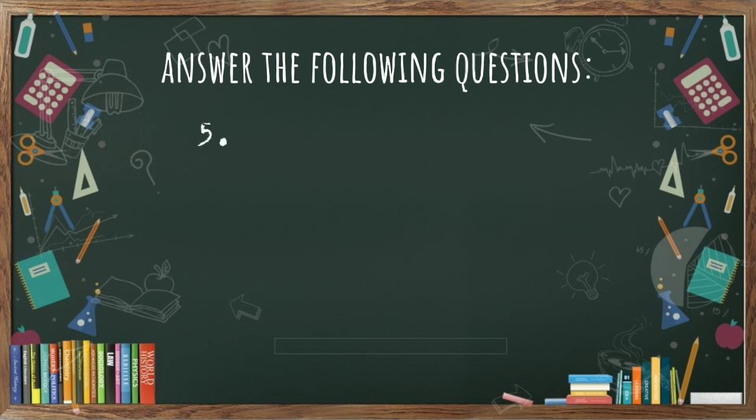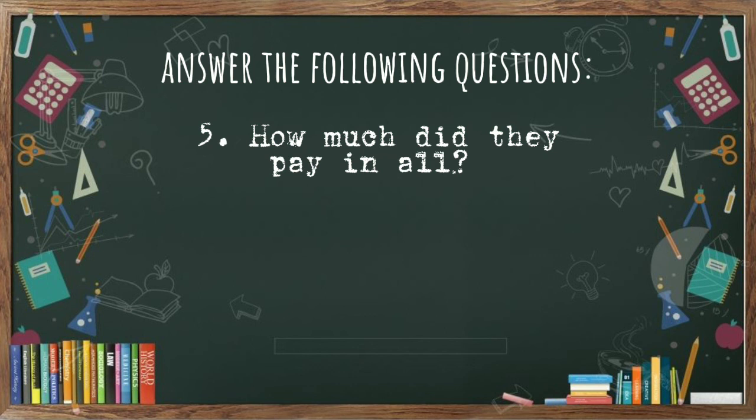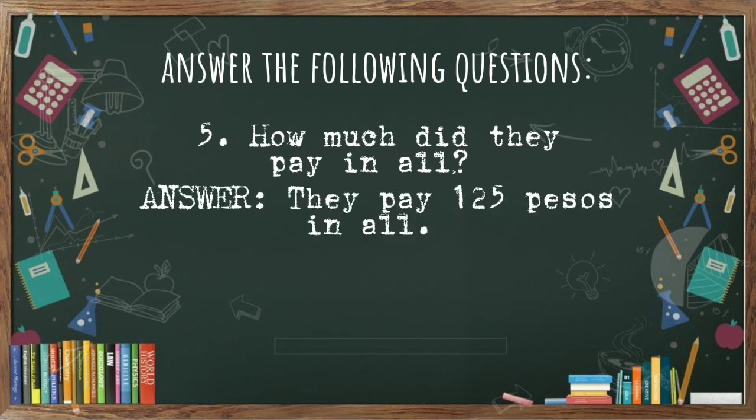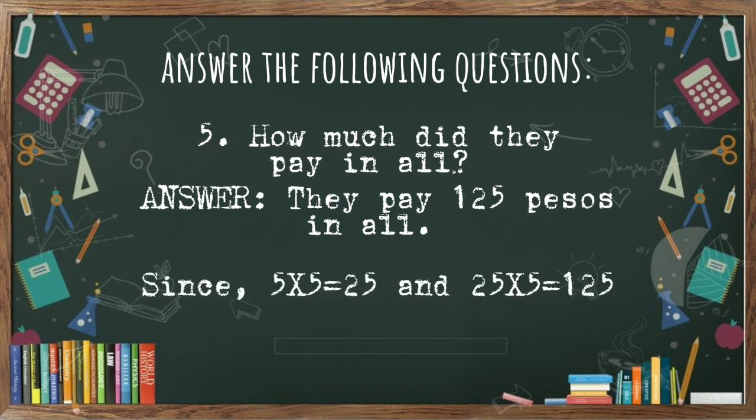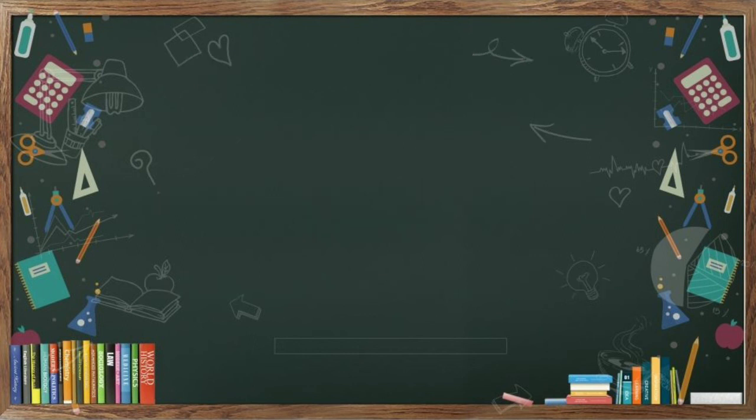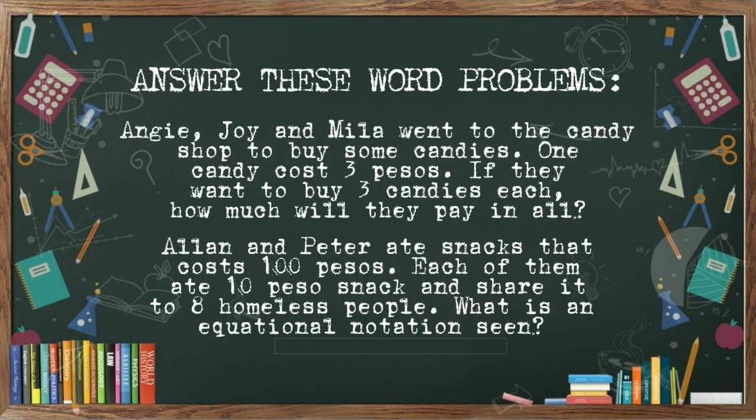And now, how much did they pay in all? Now, they pay 125 pesos in all, since 5 times 5 is equal to 25 and 25 times 5 is equal to 125. Alright, now it's your turn to answer these word problems.